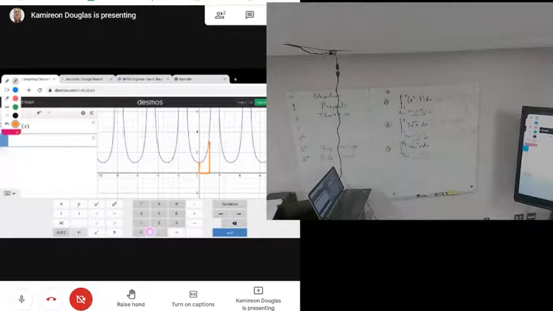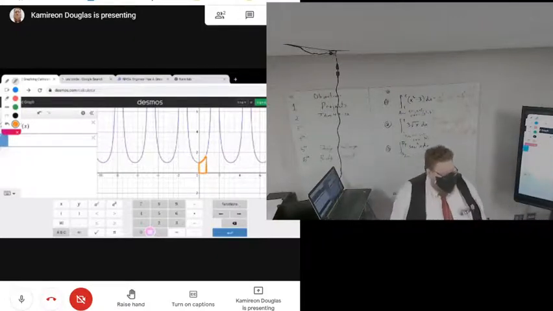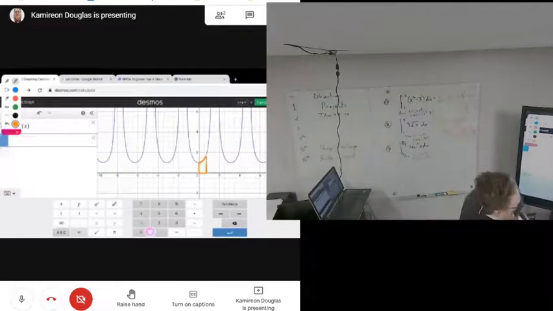Is that pi over 4? I think that's 1. I think you're right. Pi over 4 would just be a little less than 1, right? That area, found between 0, pi over 4, the x-axis, and the function.